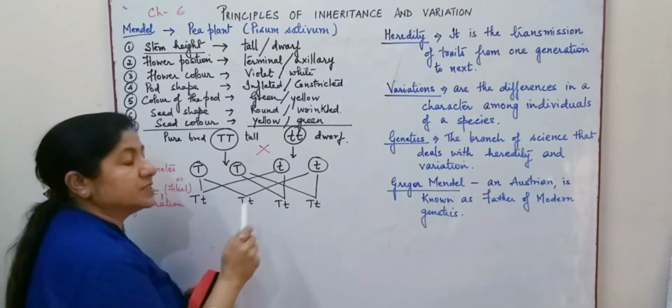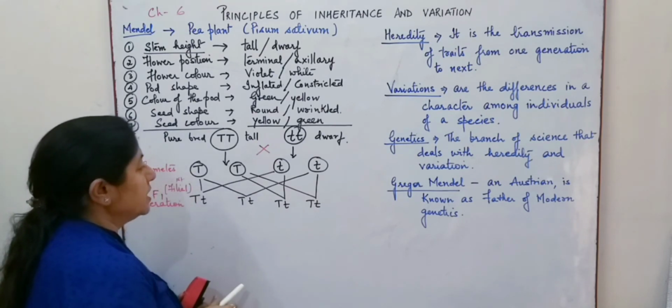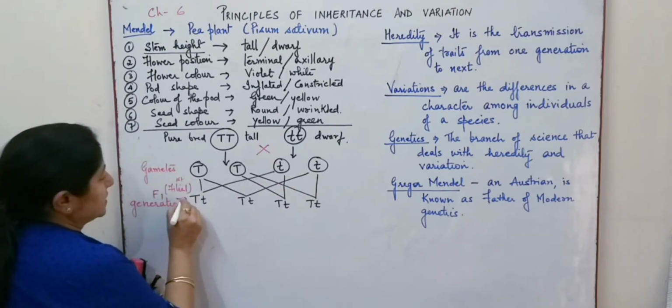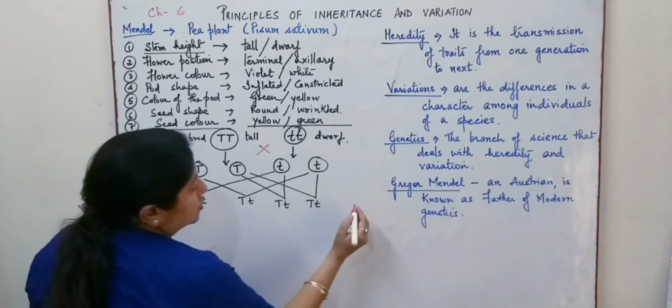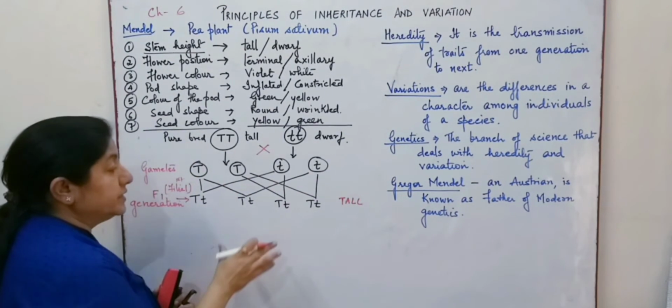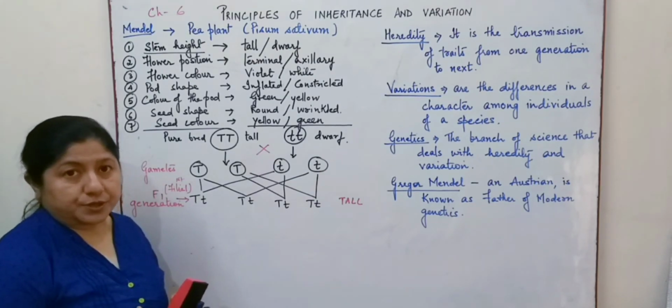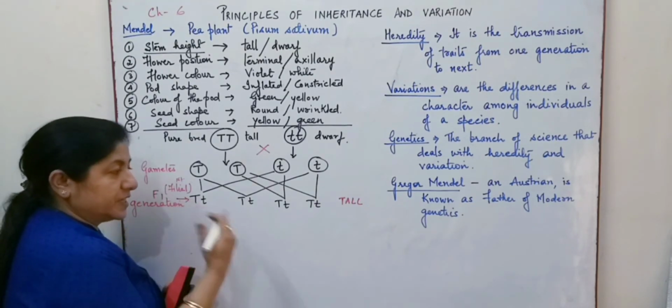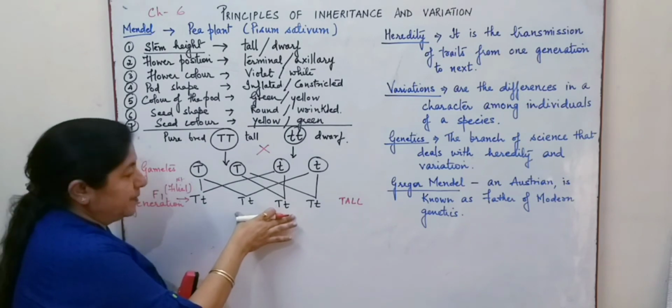But to his surprise, he found that all the plants in the F1 generation were tall. This came as quite a surprise to him because it was expected to be medium heighted plants.